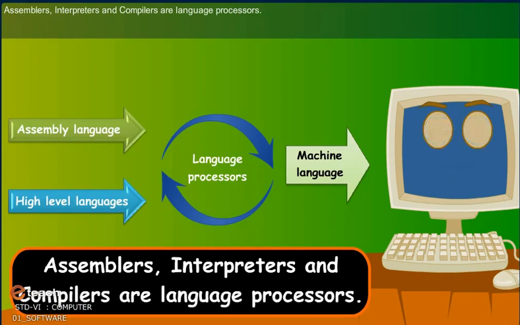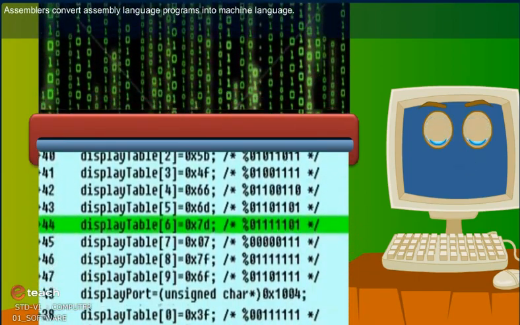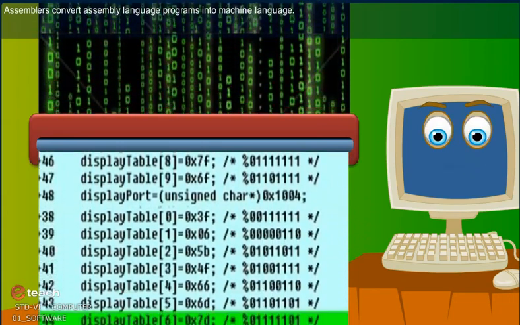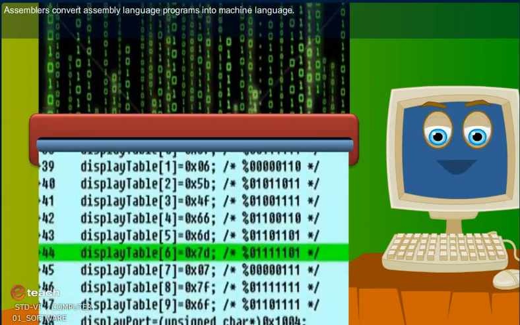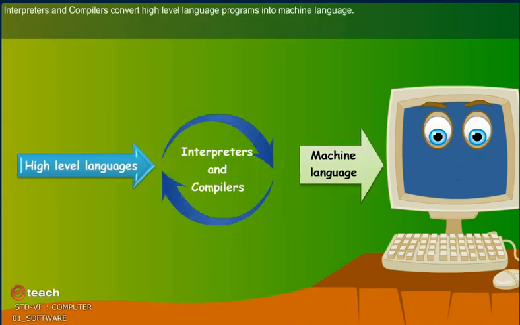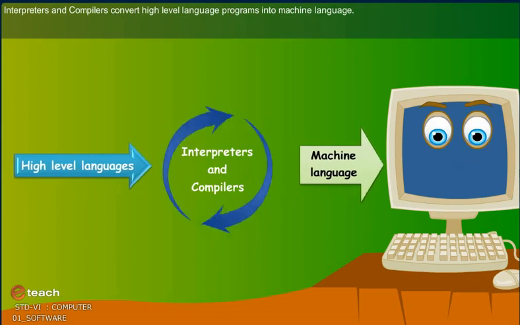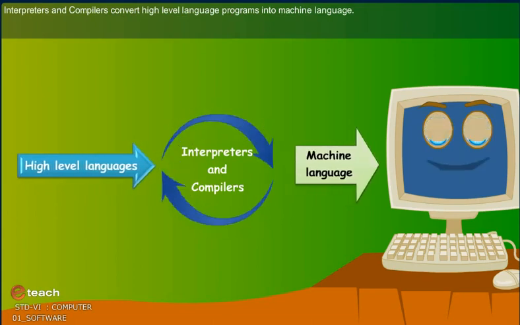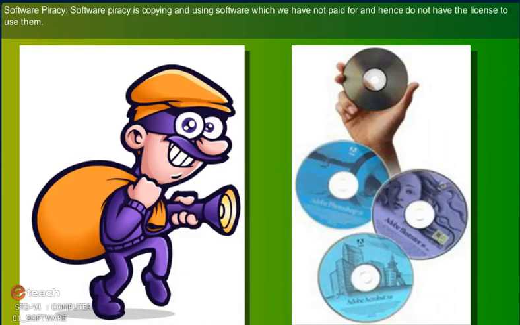Assemblers, interpreters, and compilers are language processors. Assemblers convert assembly language programs into machine language. Interpreters and compilers convert high-level language programs into machine language.